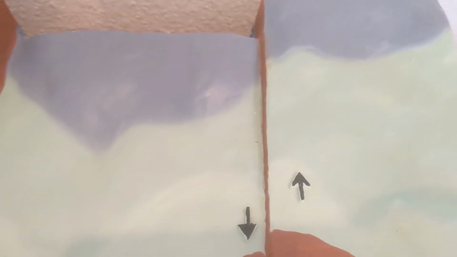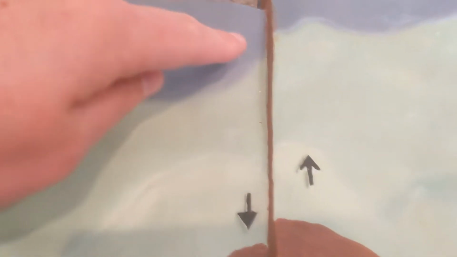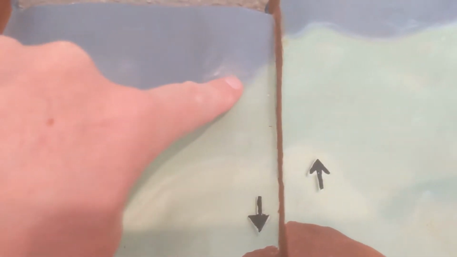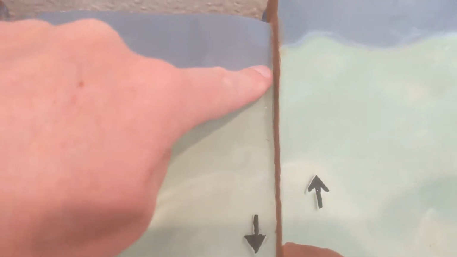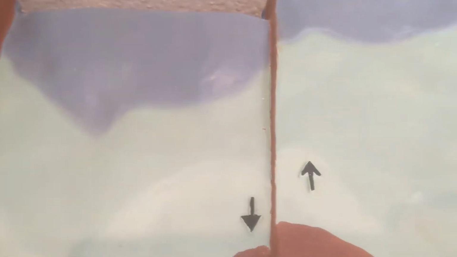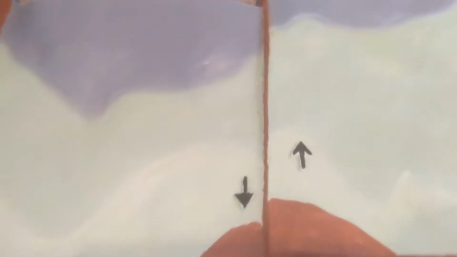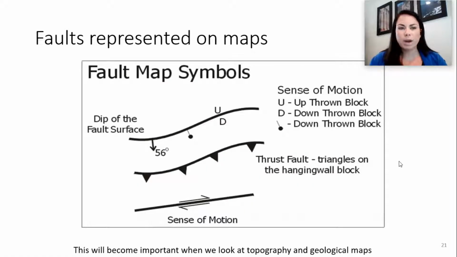So if one block is moving towards me, that's what this arrow indicates, and one block is moving further away, we see the surface characteristic of where, say this is a river or something, the edge of the river is then moved a few feet, a few hundred feet, and we can see the surface characteristic of a strike slip fault. Now that we've described the three different major fault types, how do we represent faults on a map?